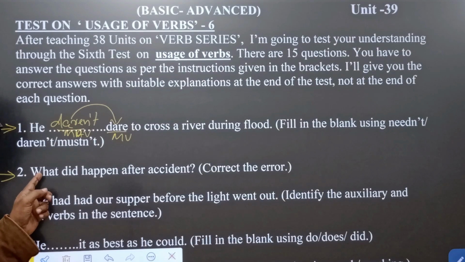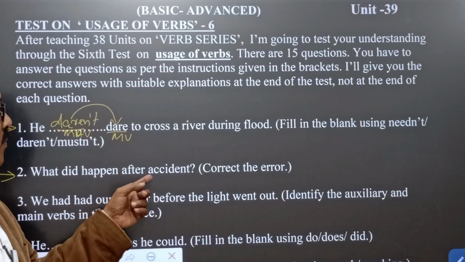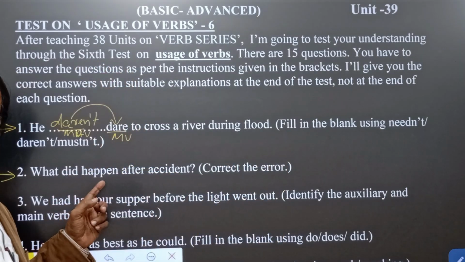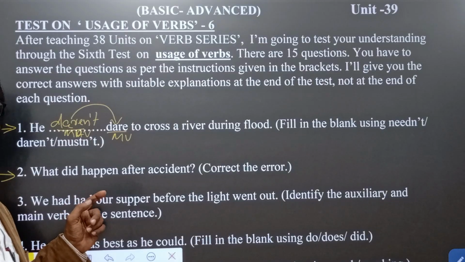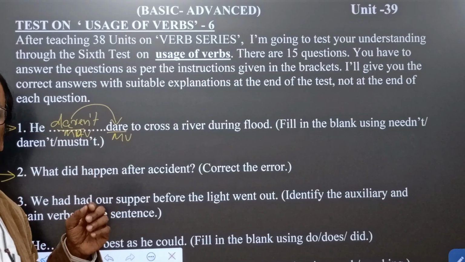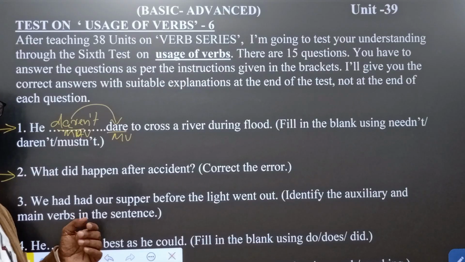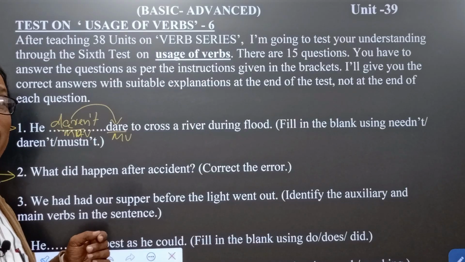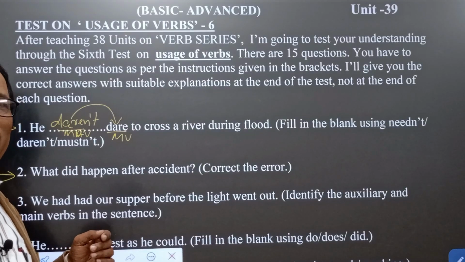Second question. What did happen after accident? Correct the error. There is one error in this sentence and it is your duty to correct it. Remember, generally whenever we use a WH word, definitely auxiliary verb plus subject is used in a question sentence.